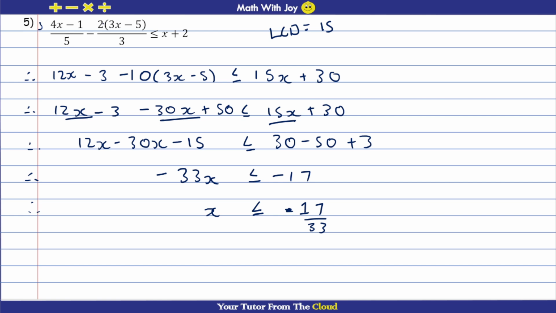So 5, 10, 10 times that will be minus 30x, and then we also get positive 50. Okay, so far we did not make any mistake, because that's 15 and that's, well, 30.